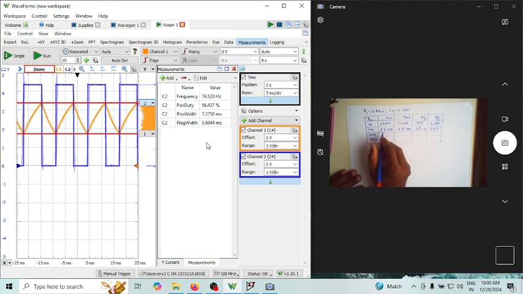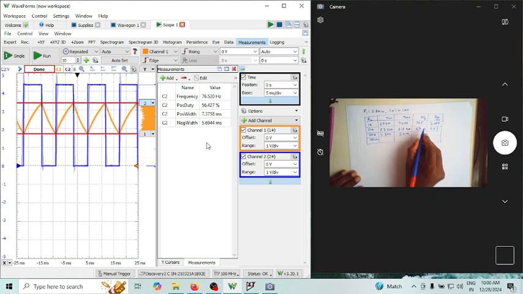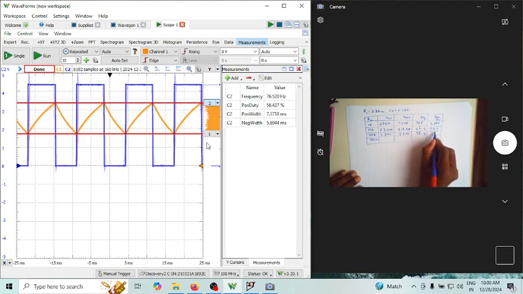The on time is 7.3 millisecond, and the off time is 5.6 millisecond. Duty cycle is almost 56.4%. The frequency is 76.5 hertz. You can see the duty cycle is always more than 50%, because you cannot make off time more than on time.